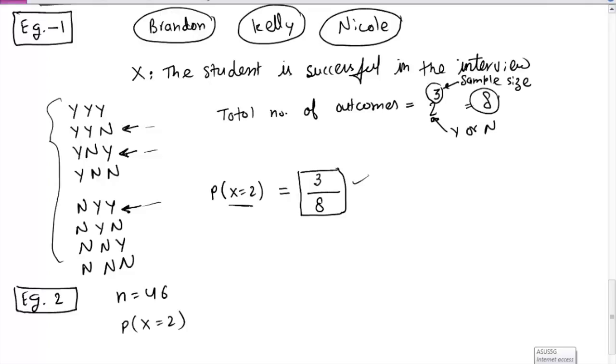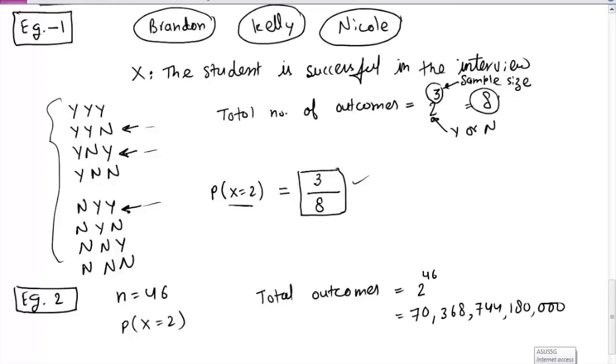If we try to apply that to example 2, in the first case the total number of outcomes was 8. Let's see how many outcomes are possible here. There are still 2 outcomes, yes, no, either a student gets accepted or rejected. So 2 to the power of the sample size, which is 46. If you calculate, you will get a value like this. So there are more than 70 trillion different outcomes possible.